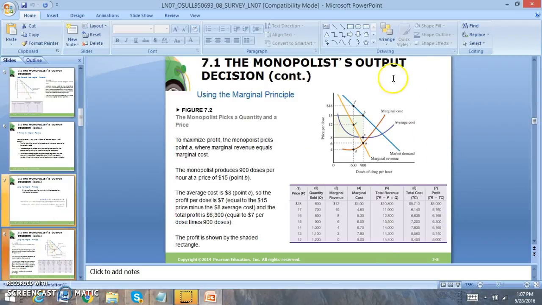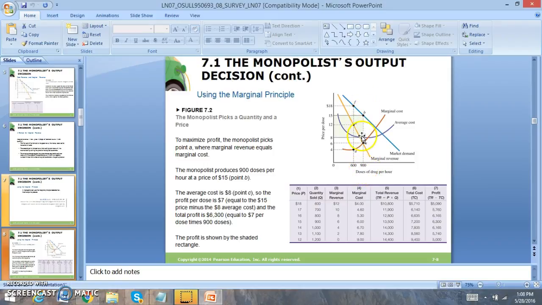Now, if we look at this graph, this is a monopoly graph. With a monopoly graph, the same thing, you want to identify where MR equals MC, right here at point A. At point A, you draw a line straight up. You want to find the price that you're going to charge, which is right here at the market demand, which is $15, and the output level, which is 900.